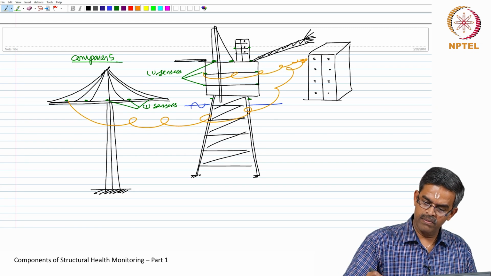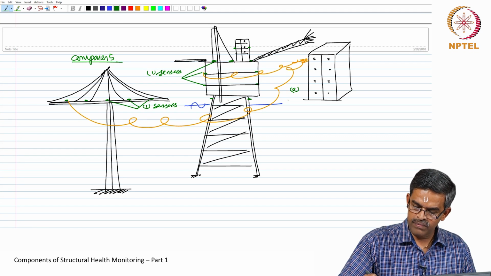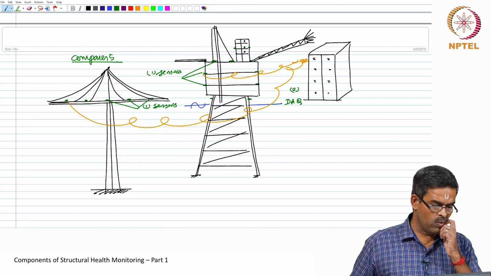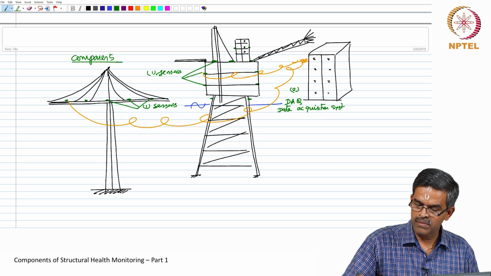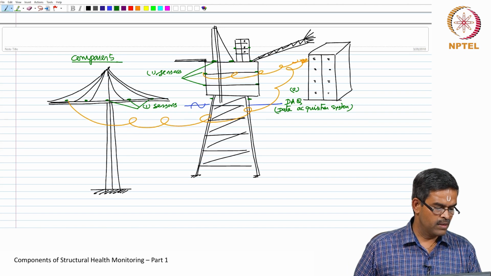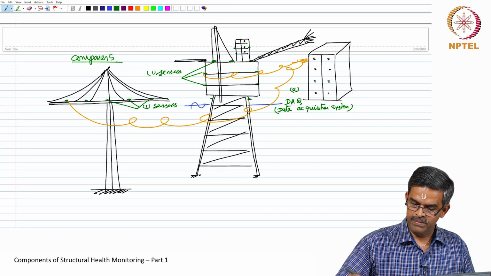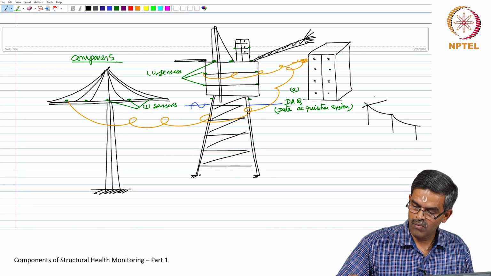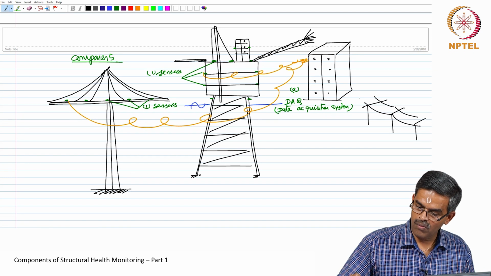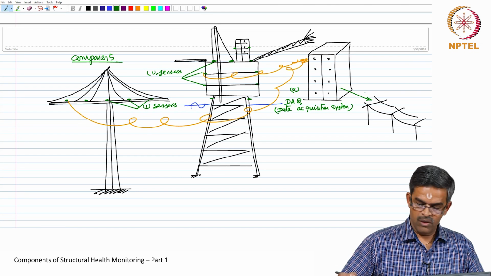So, they will be connected to the data acquisition system, which is called DAQ, which is data acquisition system. From there, using communication systems, they will be transferred for data processing.